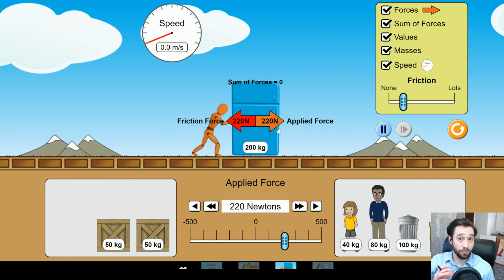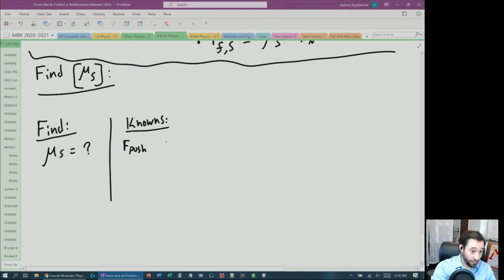And it's not going to make it any more difficult, because at the end, I'm going to show you the equation. All you're going to need for this problem is the applied force, the mass, and the acceleration due to gravity. That's all you need, and it's going to be arranged in a certain way that you'll see at the end. I am given that the applied force, so force push, is equal to 220 newtons.